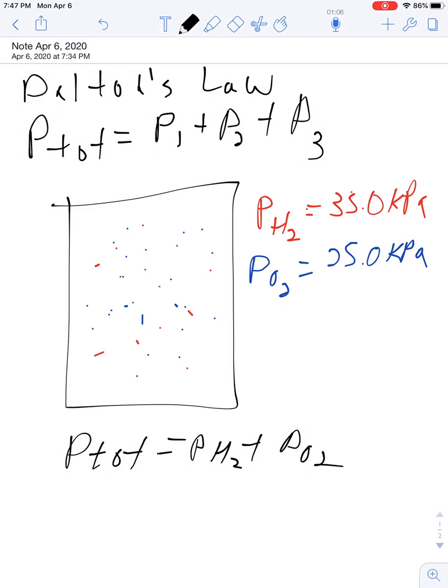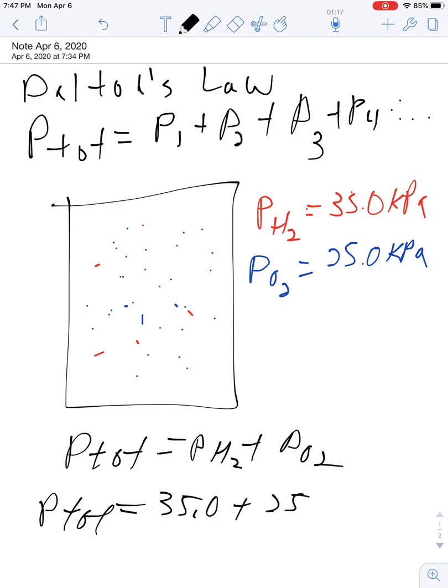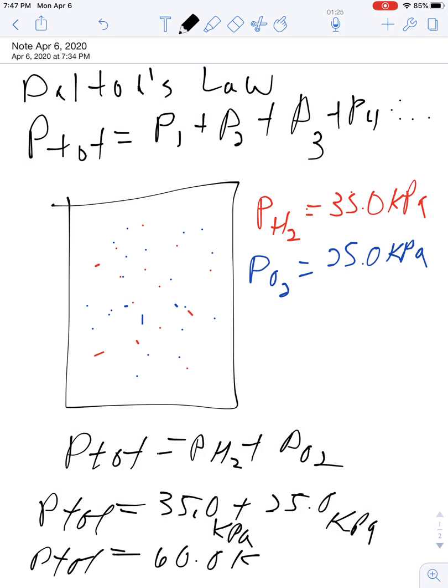Now, if there's a third gas or a fourth gas, you just keep adding them up. So the total pressure inside the system is 35 plus 25, and that's going to equal 60 kPa, okay? So the problems in the book use Dalton's law in what's called a wet gas.